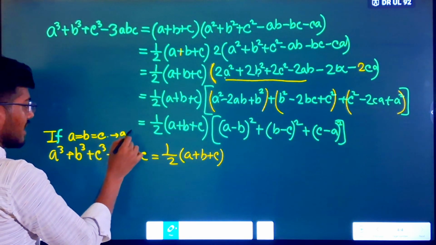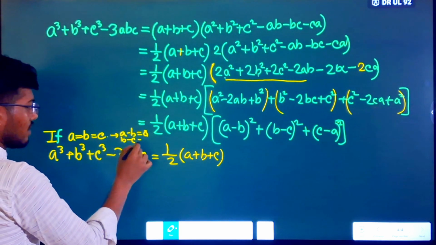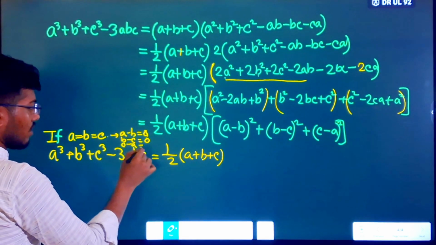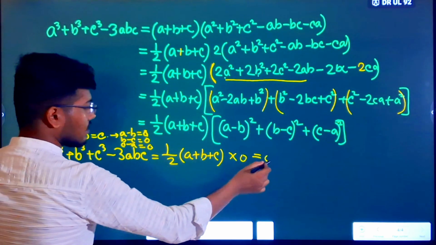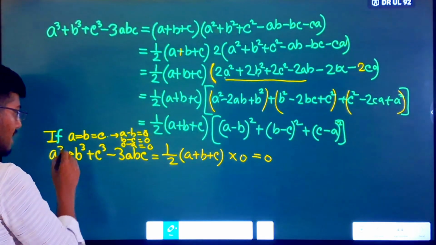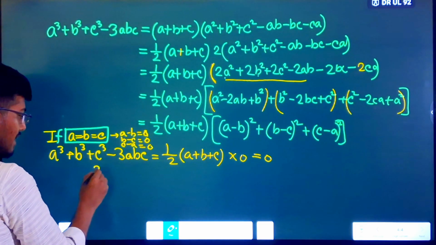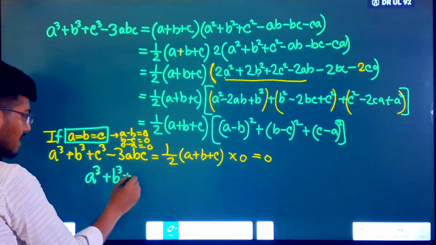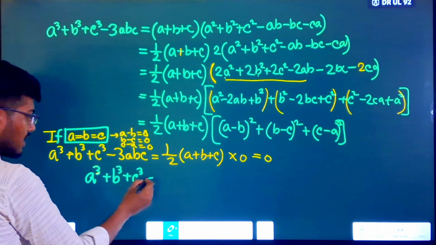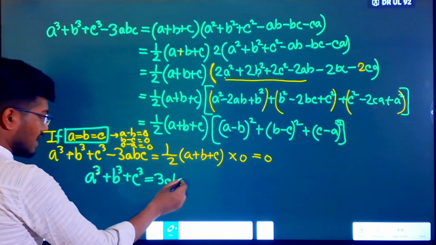That means a minus b equals 0. Similarly b minus c equals 0 and c minus a is also 0. So that means it is multiplied by 0, that means it equals 0. That's why we can write that if a plus b plus c equals 0, then a cube plus b cube plus c cube equals, what is the answer? The answer is 3abc.